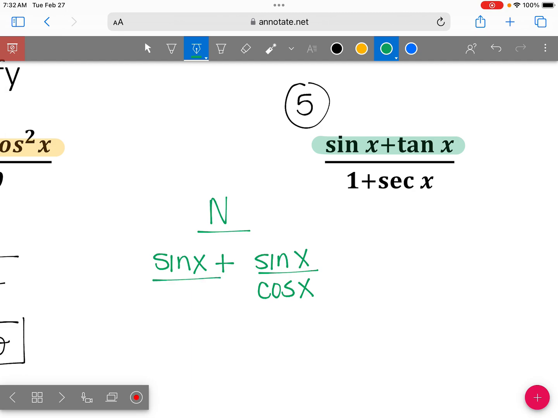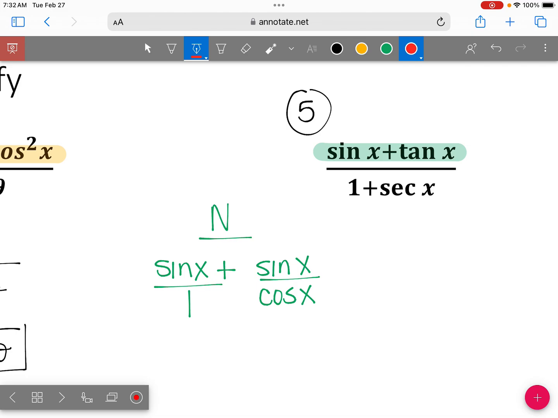So that means I have to add these two fractions. Now, what do you have to have in order to add fractions? A common denominator. So I need to multiply this first one by cosine, because I don't have a cosine in my denominator here.